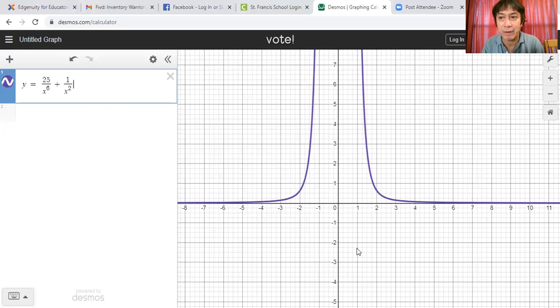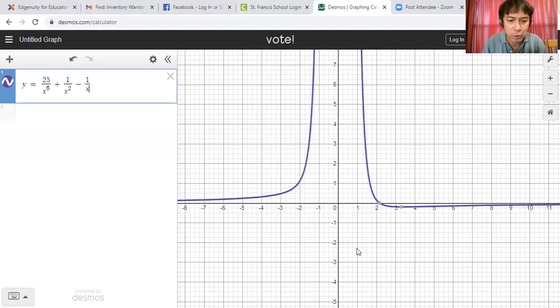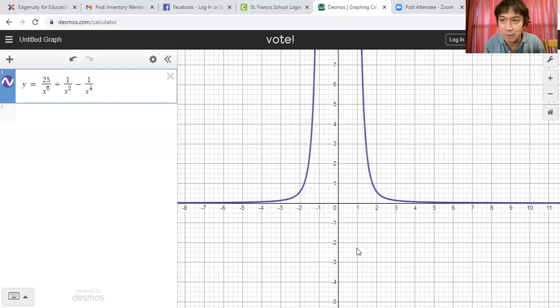Even functions have the variables using even numbers, starting with 0, of course. Now you might want to try other even number. You can use 1 over x to the 4th, like that. Still, it will not change the picture.